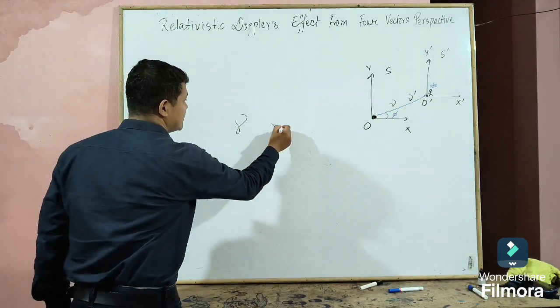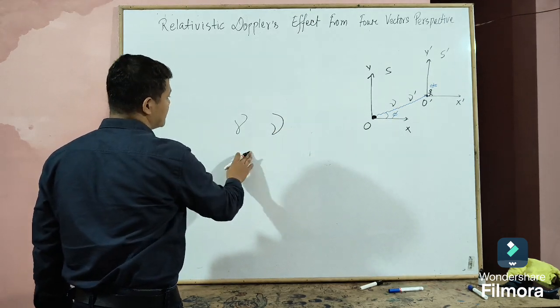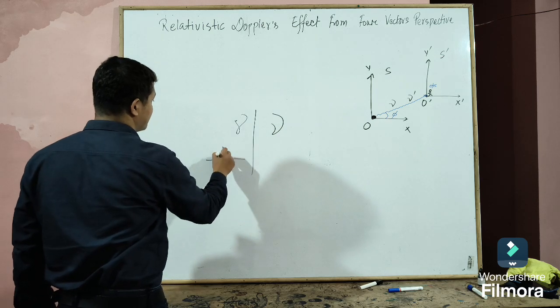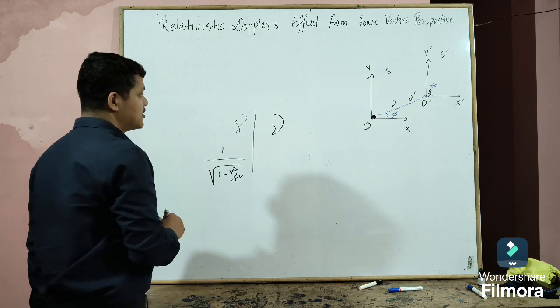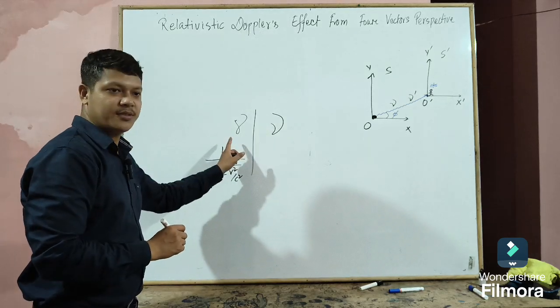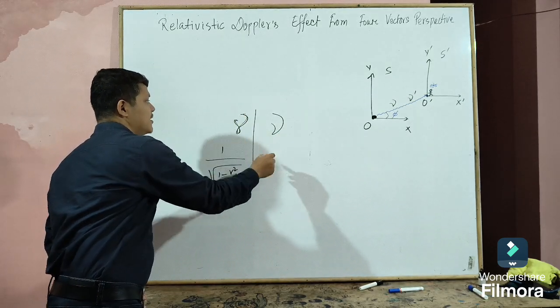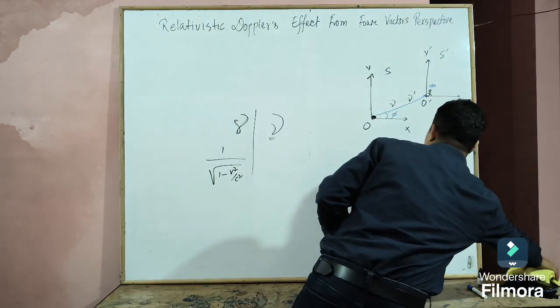If I write this, it represents nu. Nu means frequency, and gamma is nothing but, in relativity, 1 by root over 1 minus v square by c square. So don't be confused: this represents gamma, and this is nu, which represents frequency.